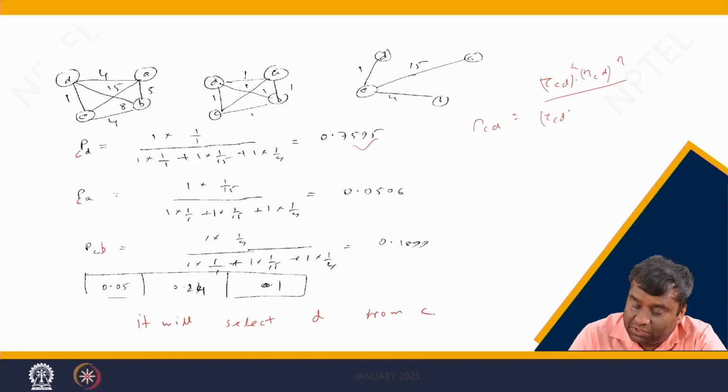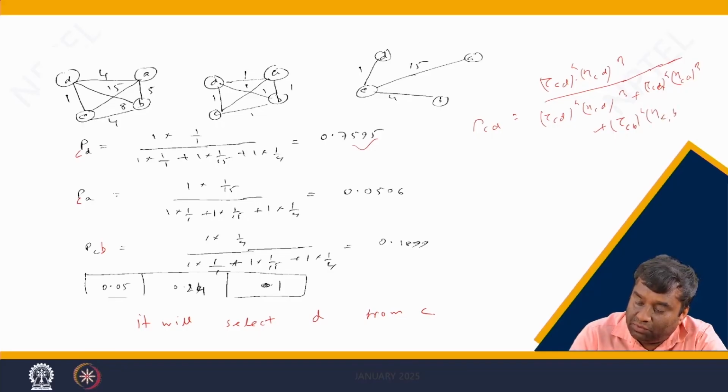So from C to D: tau to the power alpha times eta to the power beta, plus tau C to A to the power alpha times eta C to A to the power beta, again plus tau C to B to the power alpha times eta C to B to the power beta.